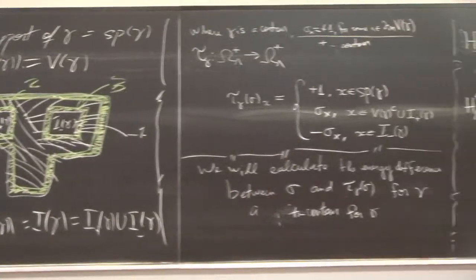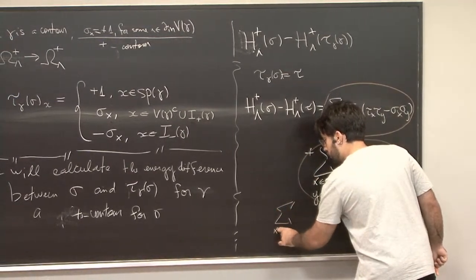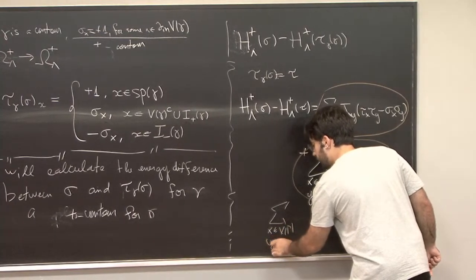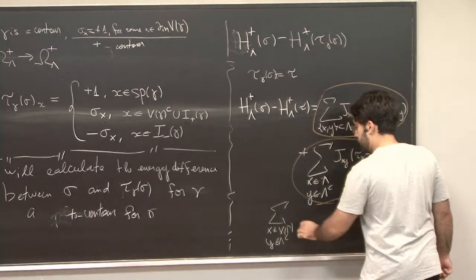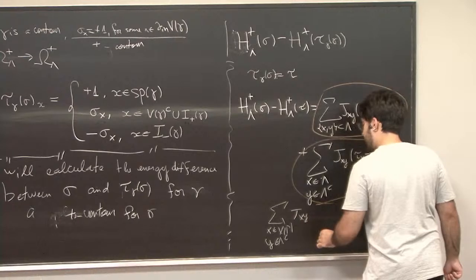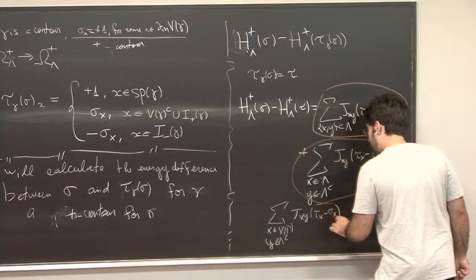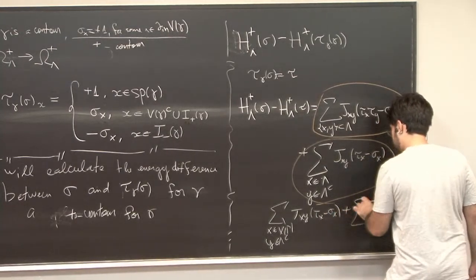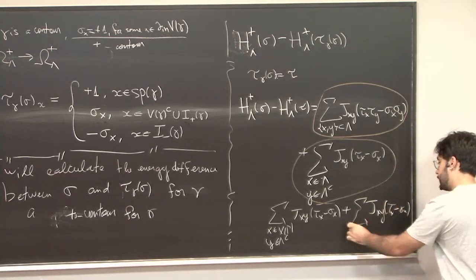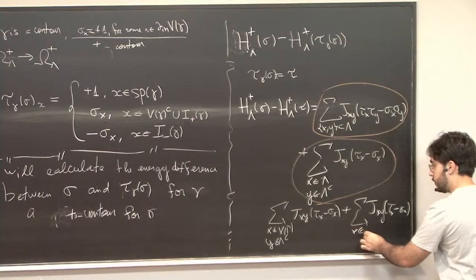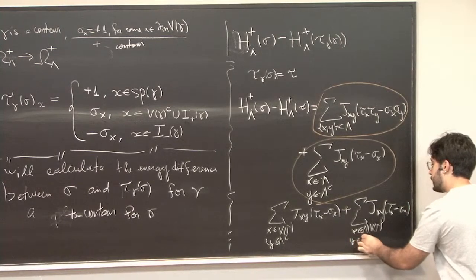I can divide this boundary term as being a sum over x inside V gamma, y inside the complement of lambda, J xy, tau x minus sigma x, plus this, over lambda minus V gamma, y outside lambda.